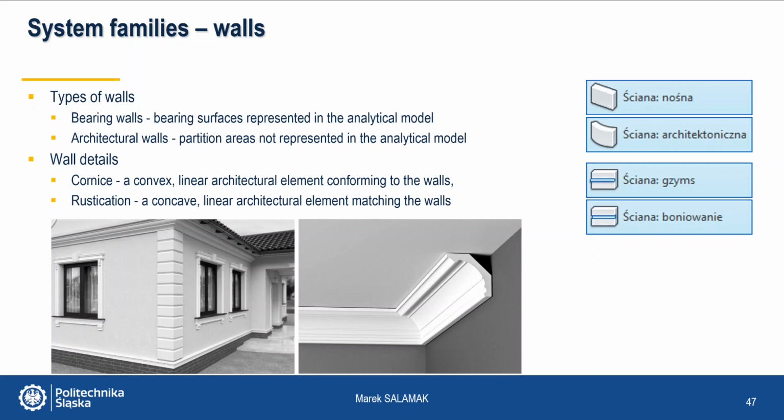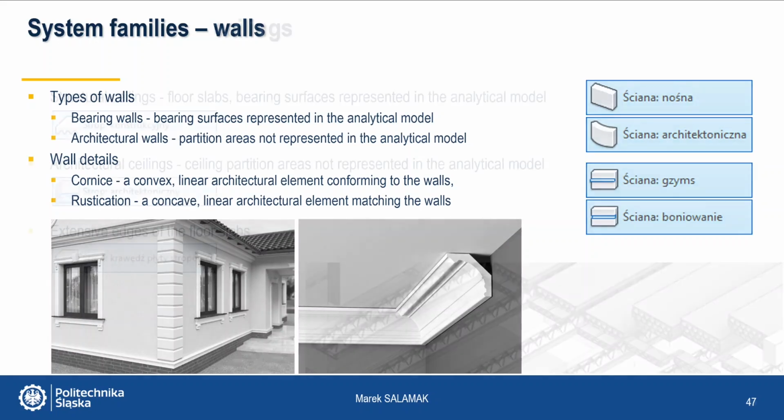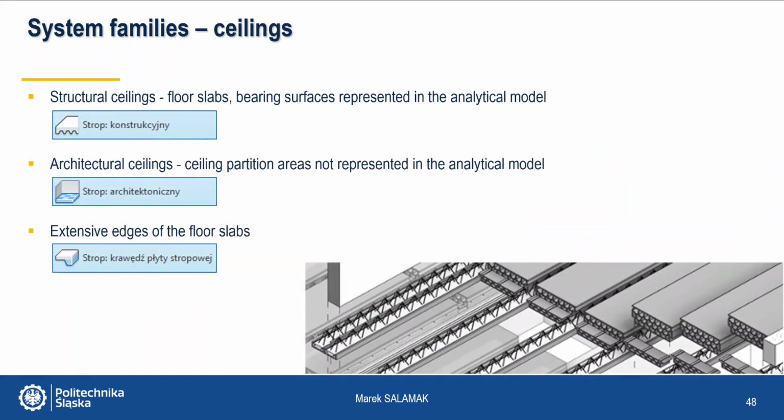Additionally, we can define wall details in the form of cornices and rustication. The last example of systemic families that I'd like to show today are slabs. Here, too, we distinguish construction and architectural slabs.